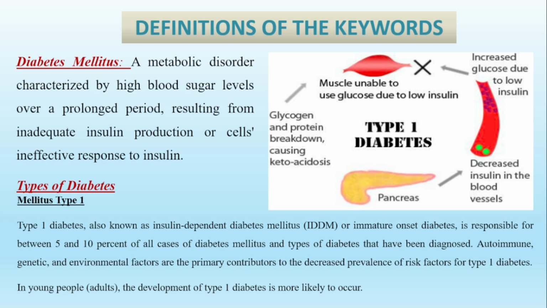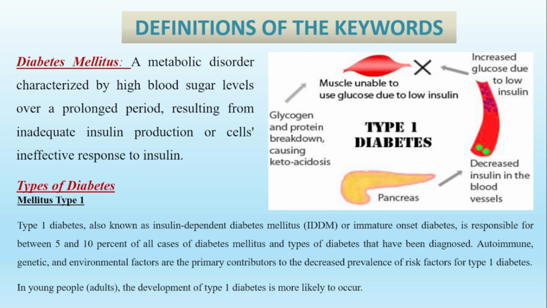Juvenile-onset diabetes is responsible for between 5 and 10% of all cases of diabetes mellitus diagnosed. The patient cannot produce insulin properly, so we have to input insulin externally for treatment.